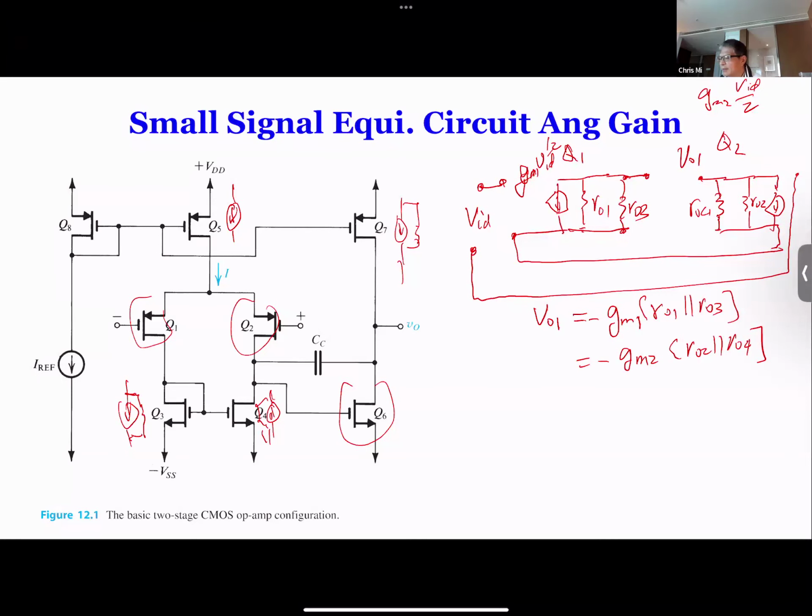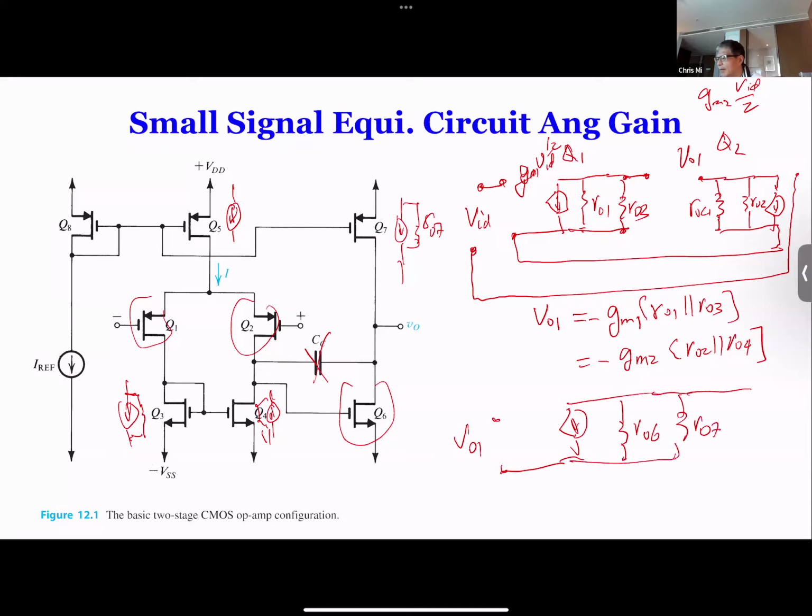Then for your second stage, we can draw the equivalent circuit again. For your Q6 MOS, it's easy. You have VO1 coming in. For now, forget about this VC. Then you have its own resistance RO6, and at the drain you also have RO7.